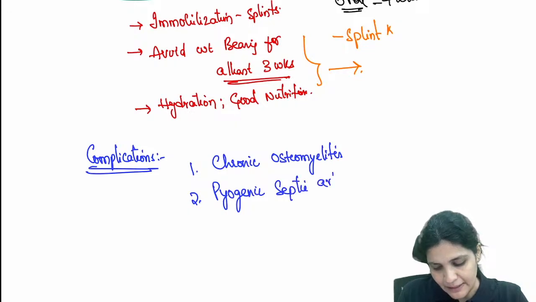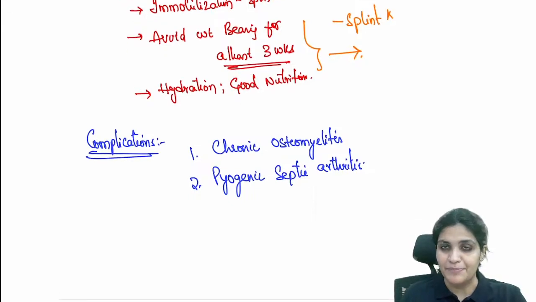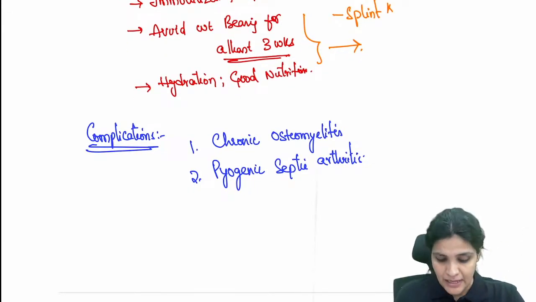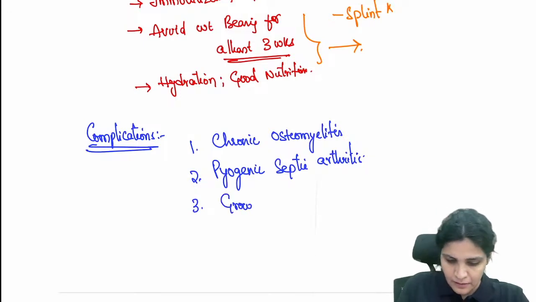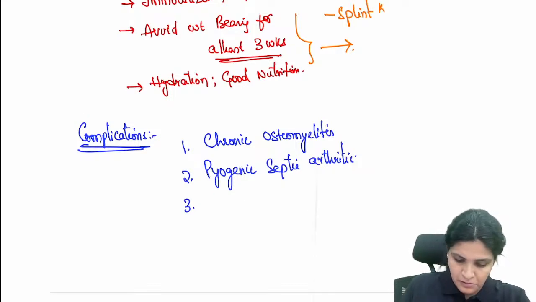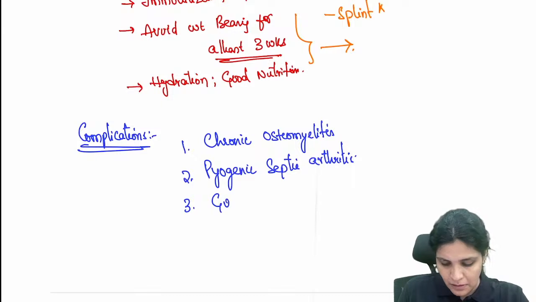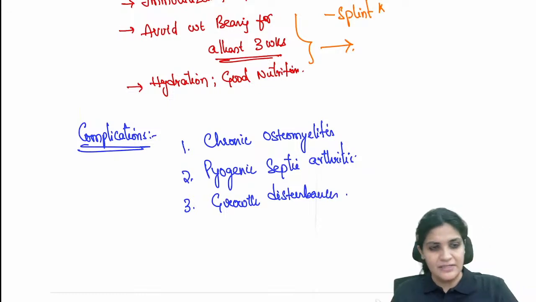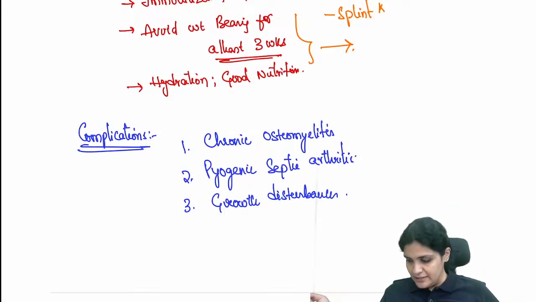So it might result in pyogenic septic arthritis, or it may end up in chronic osteomyelitis. And sometimes, if it goes into chronic osteomyelitis, it will result in growth disturbance.